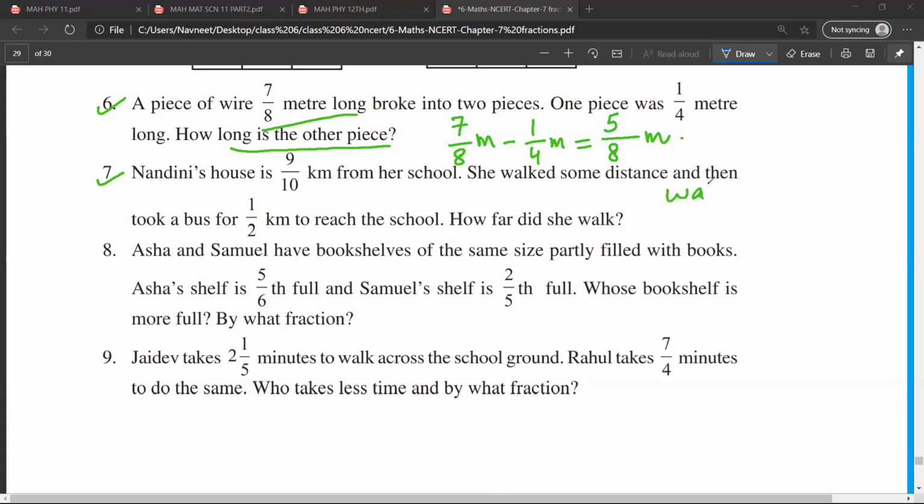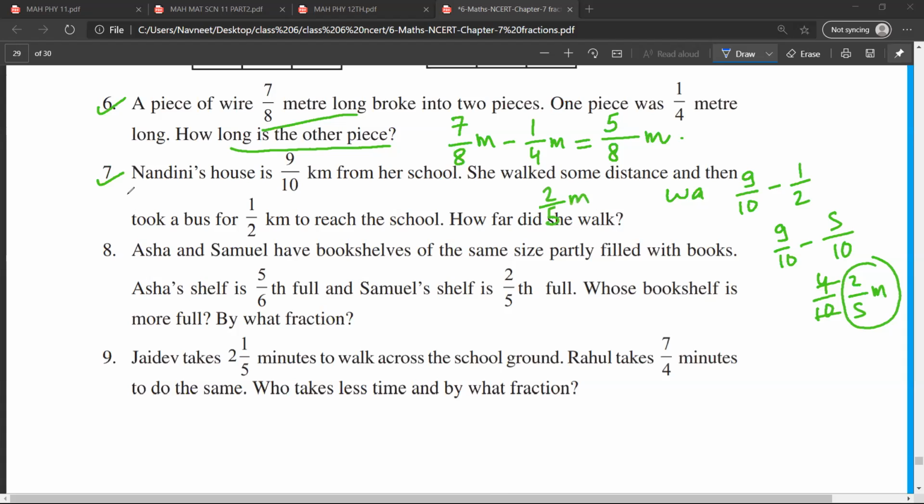Very nice. Now I can write this as 9 by 10 minus 5 by 10, 4 by 10. I can write this as 2 by 5 kilometer. Sarthak, have you understood? Yes, sir.